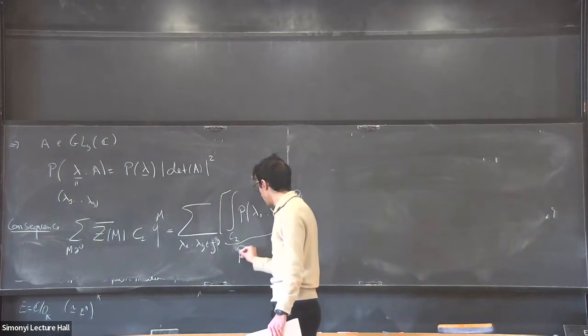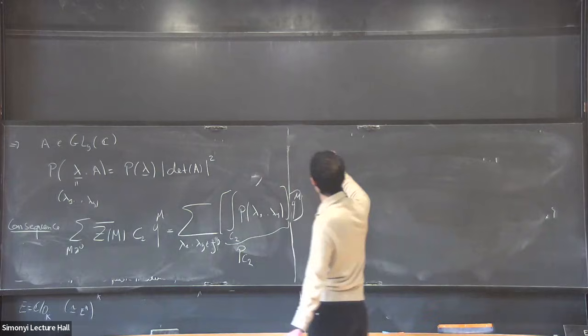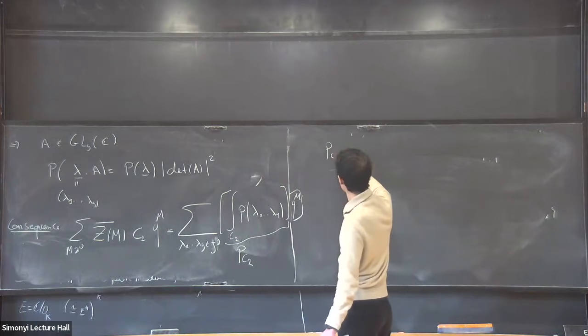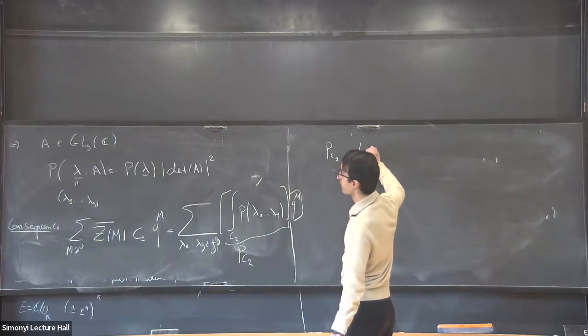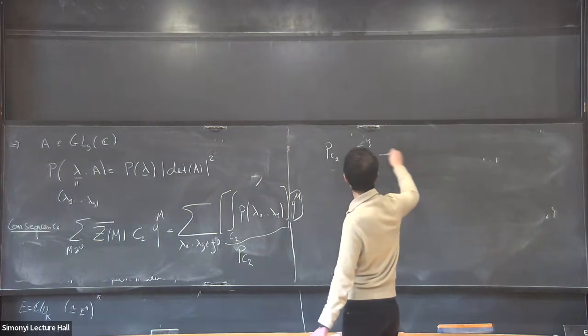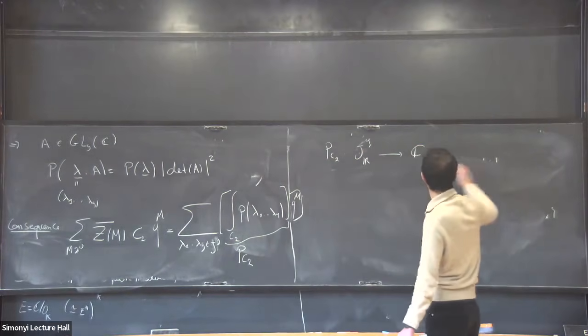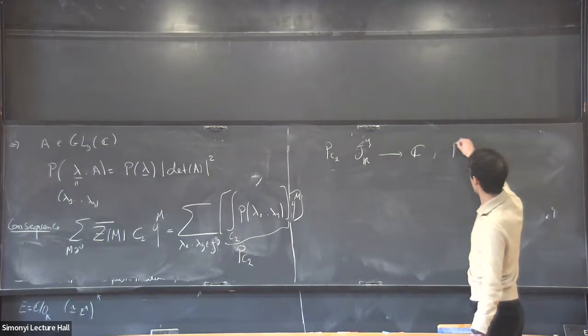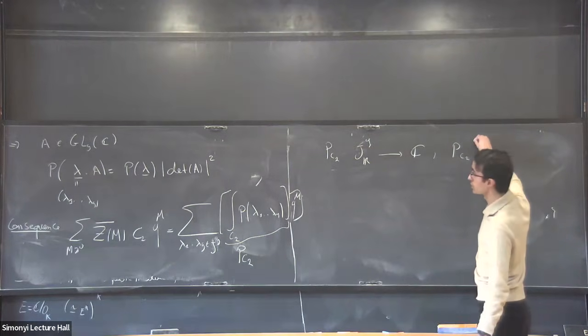So let me call this polynomial here B_C2. B_C2 will still be a polynomial on G_R to the power G, now valued in C, and it satisfies the same homogeneity condition.